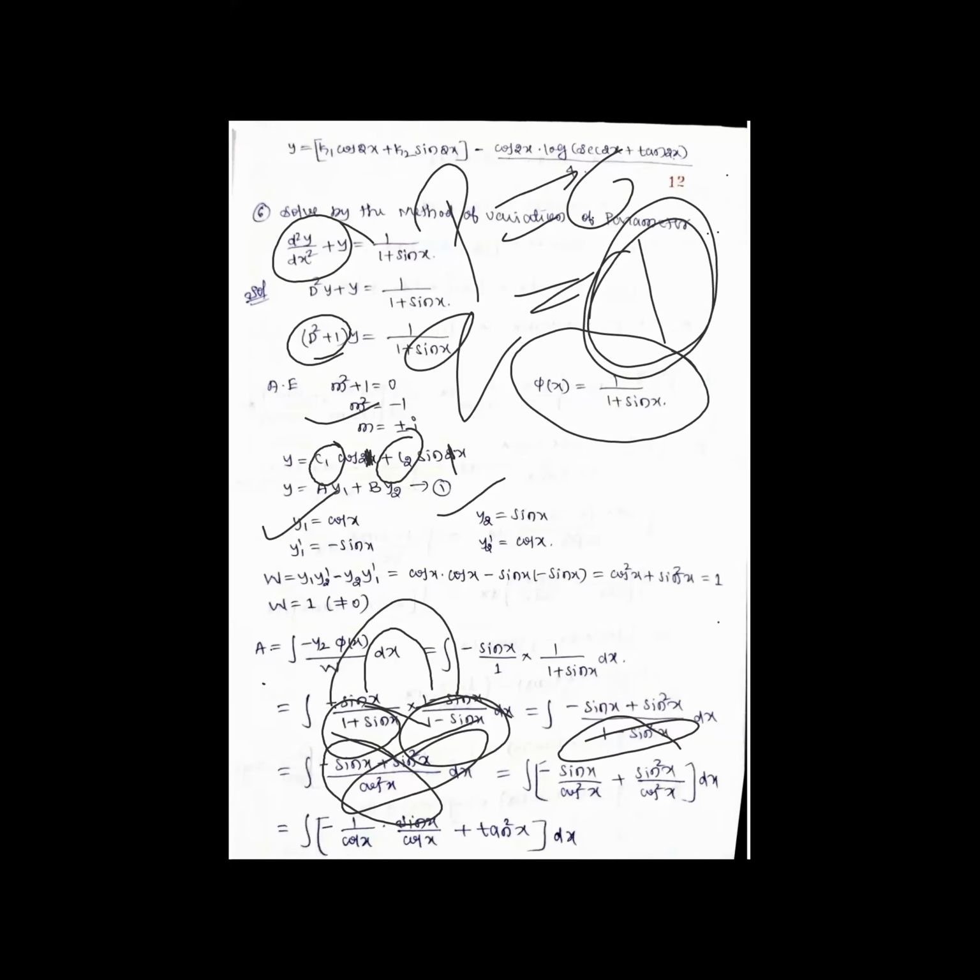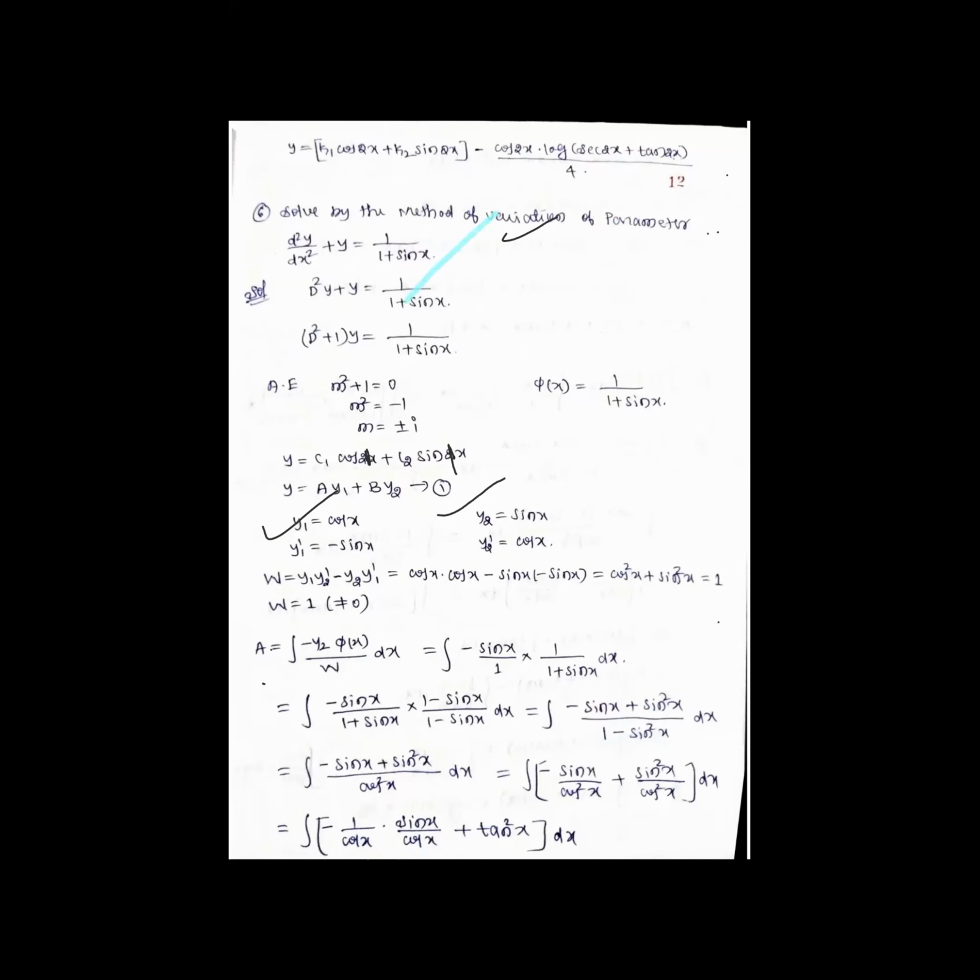So minus sin x divided by cos x, one term, times 1 upon cos x, because in the denominator cos square x is there. Sin square upon cos square will be tan square. Therefore, what I will do is minus secant x into tan x plus tan square x dx.